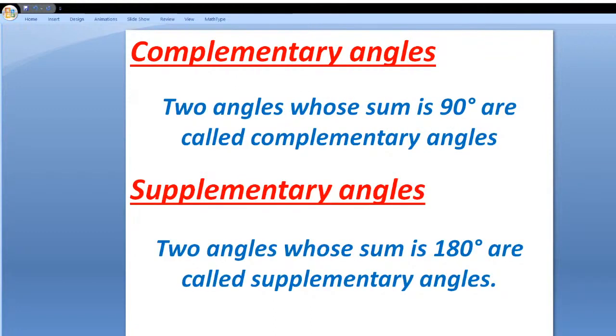Then complementary angles: two angles whose sum is 90 are called complementary angles.